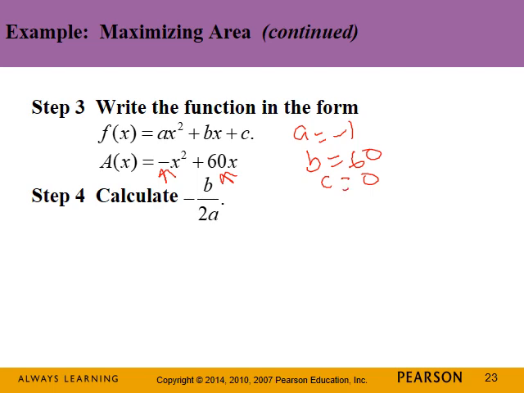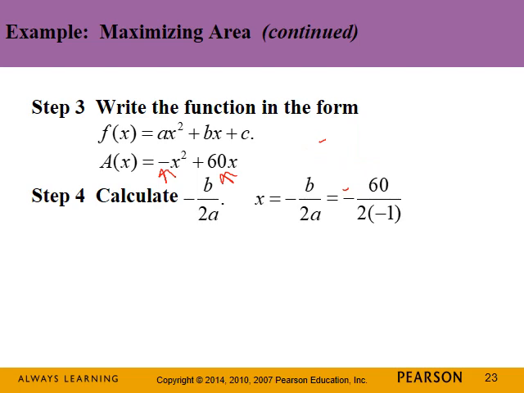So now we're going to substitute those values into the negative b over 2a formula. When we do that, you are solving for your x. So we substitute the 60 in, the negative 1 in, we simplify, and we get a 30, which is positive.